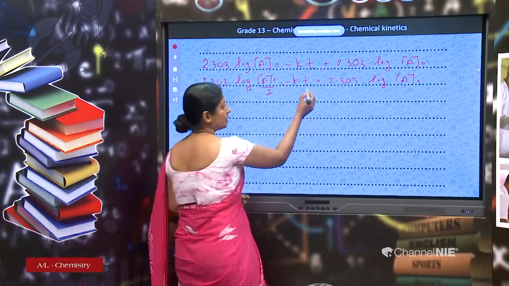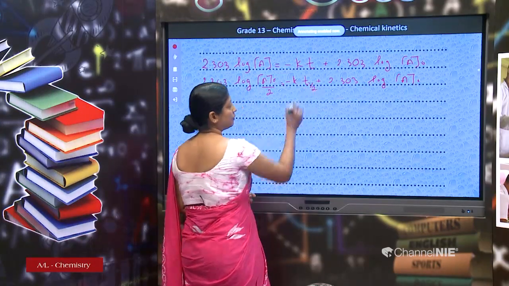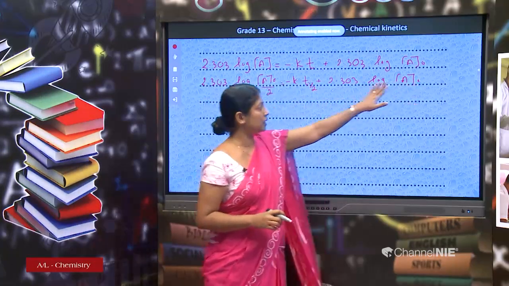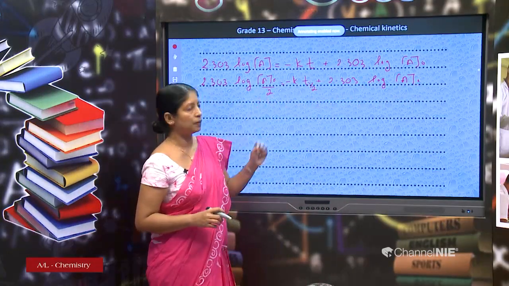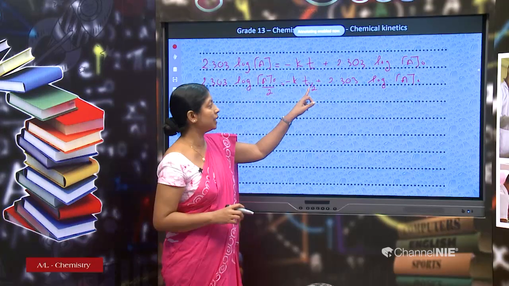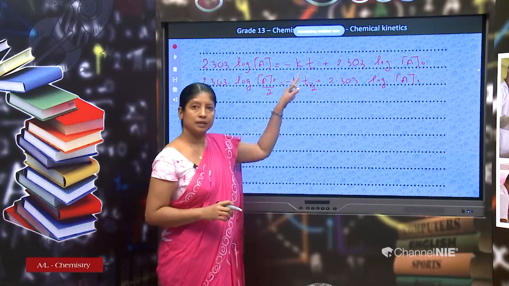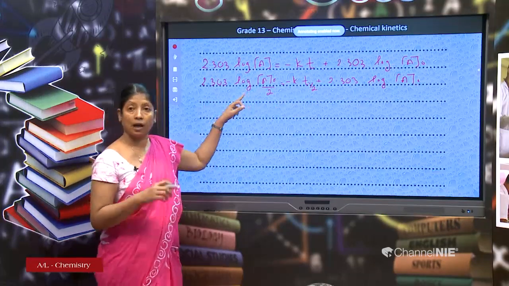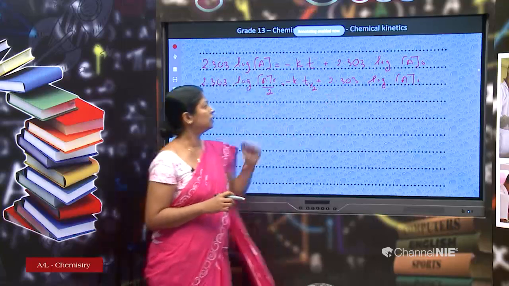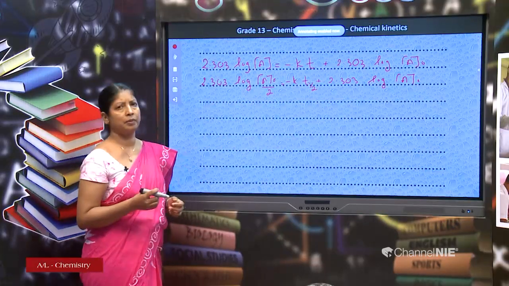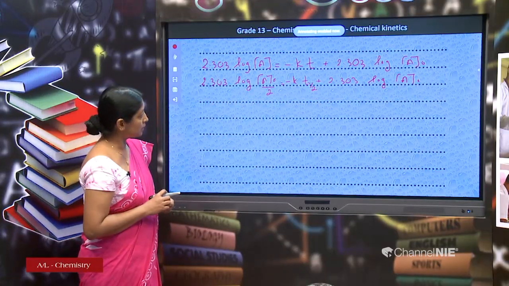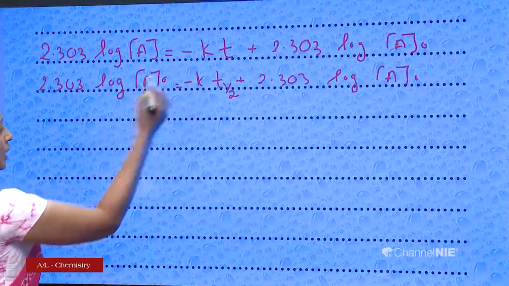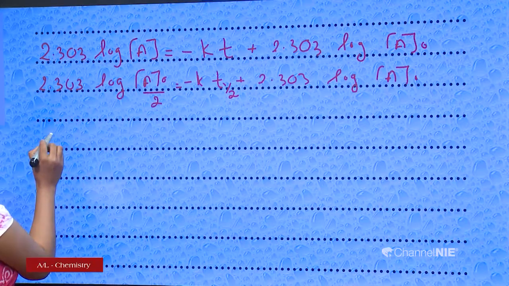So, then the time will be the half life. The time required to reduce this given initial concentration to half is known as half life. That is why I have made this change. Now, time is considered as T half, whereas the present concentration will be half of the original value. So, then all we need is to make a simplification. That is your math knowledge. So, let us see how we simplify this. I will take this part into the left side. So, then we can write it like this.